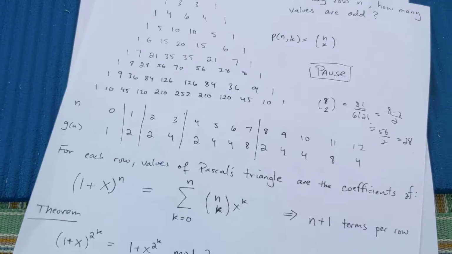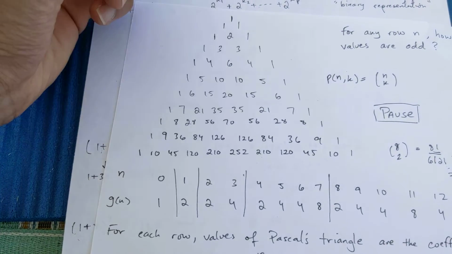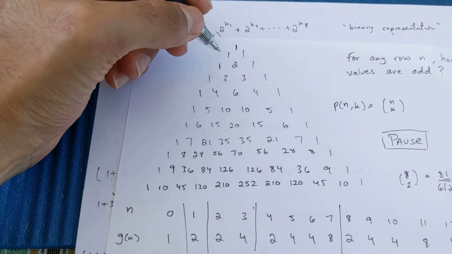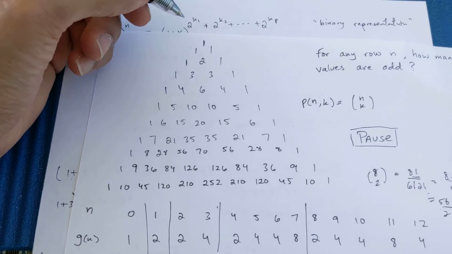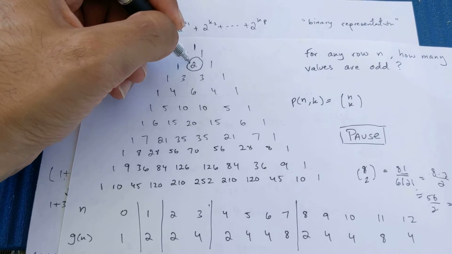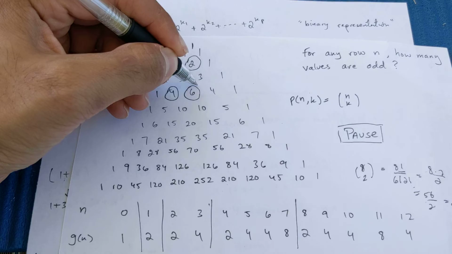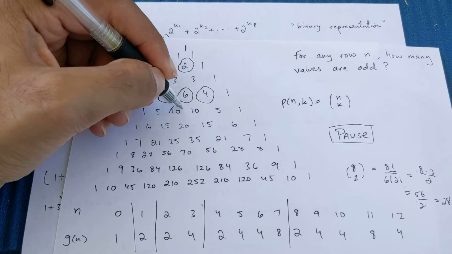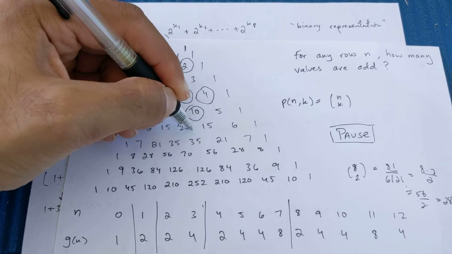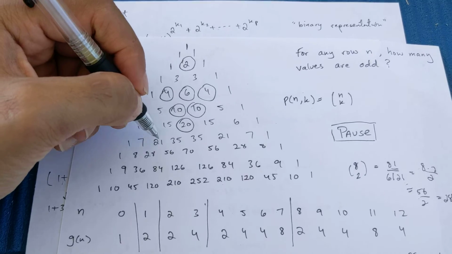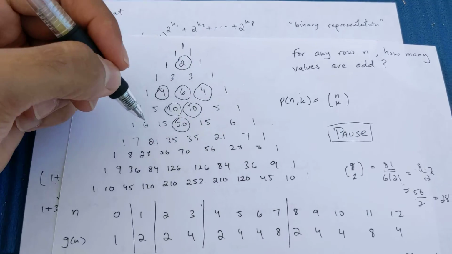And what's really cool about this, I'll leave you with this, is that we looked at all the odd values, but if you actually circle all the even values, you're going to get something very interesting. You're going to get 2, and then 4, 6, 4, and then 10, 10, 20, and then look at the next row. There's nothing odd here. There's nothing even here.